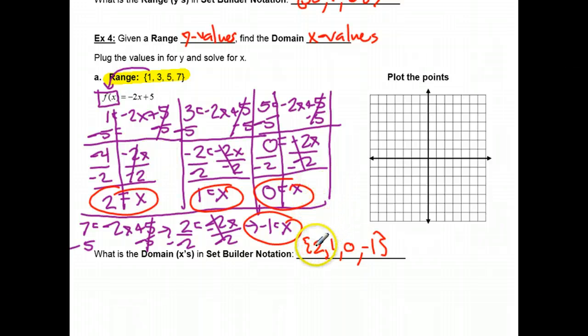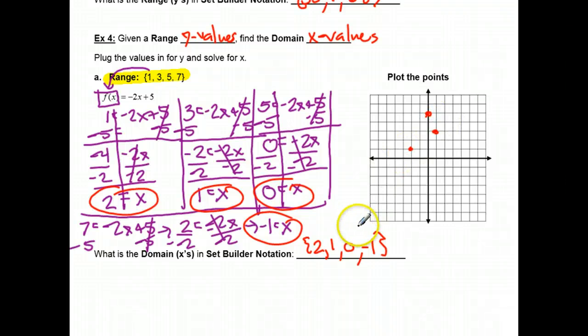The first point was -2 for the x with 1 for the y. So -2 on the x, +1 for the y. Second point, 1 was the x, 3 was the y. So 1 is the x, 1, 2, 3 is the y. Third point, 0 is the x, 5 is the y. So 0, 1, 2, 3, 4, 5.